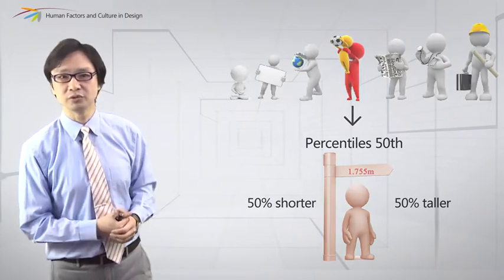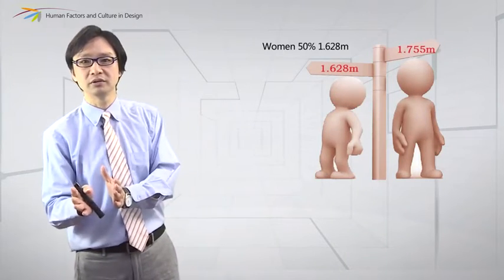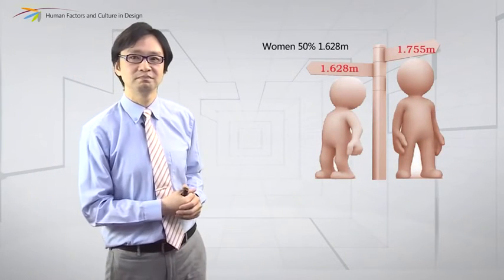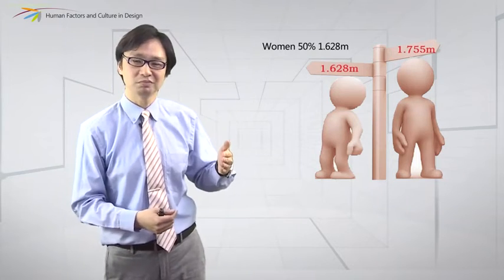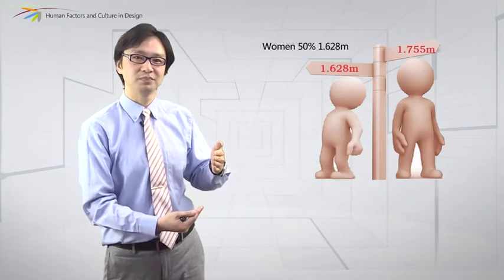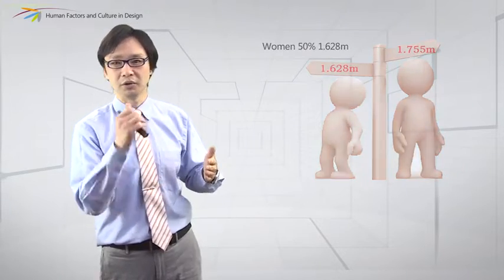How about American ladies? In the data, it shows 1.628 meter. 50th percentile, meaning in the middle, the American lady's height is 1.628 meter.